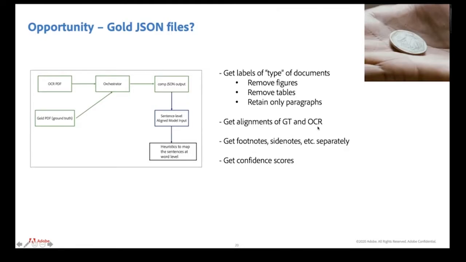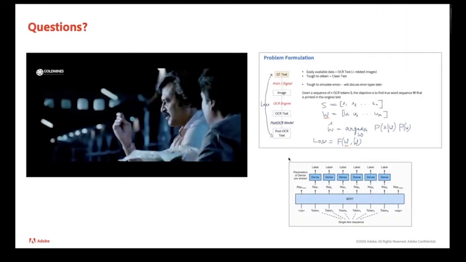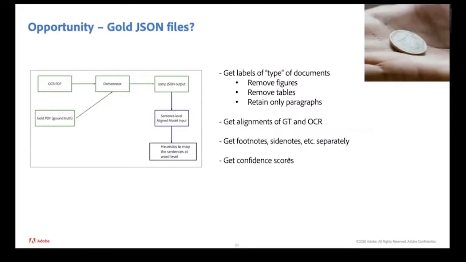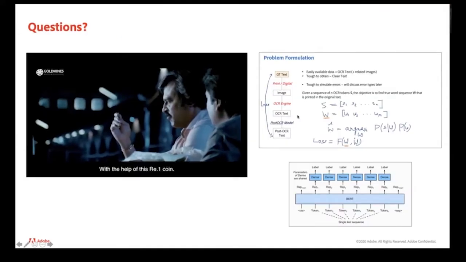I'll show some examples later. We can also get confidence scores within the word. Roughly, this is what has spanned so far. We can either choose to take this and correct only some of the errors, or we can stop doing this project altogether. That is the choice that we had at one point.